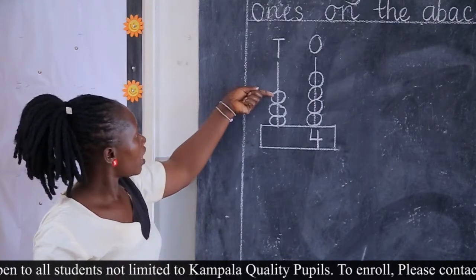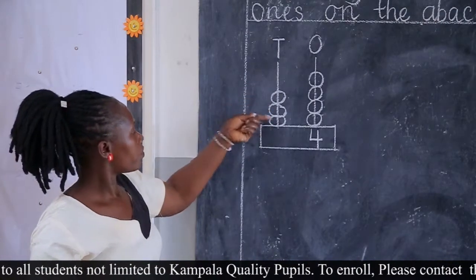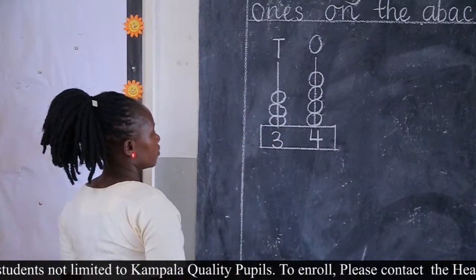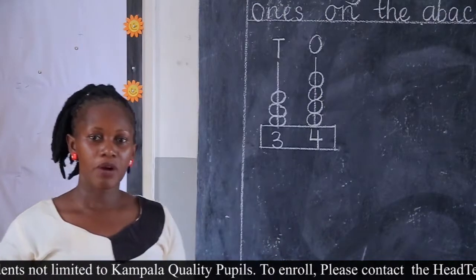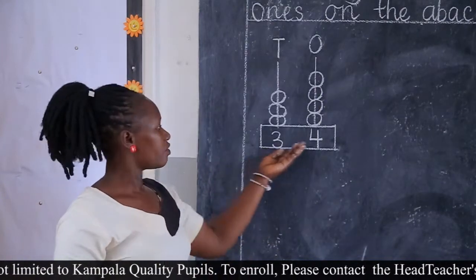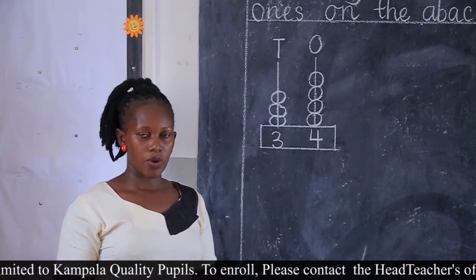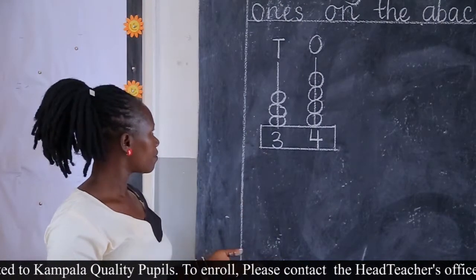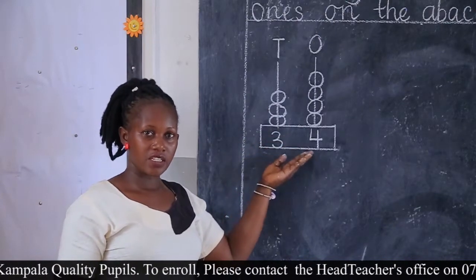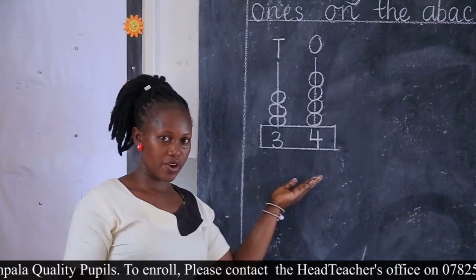We have 1, 2, 3. Can you now read the number we've counted on our abacus? It is 34. Our number is 34, okay? So that's how simple it is, counting tens and ones on the abacus, right?